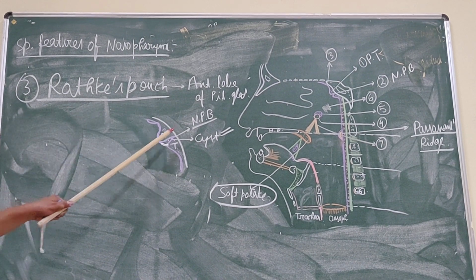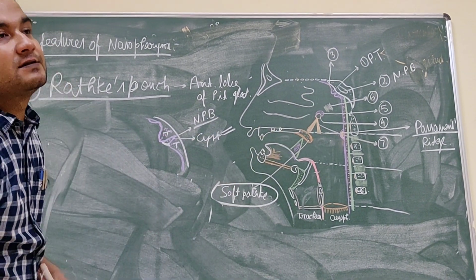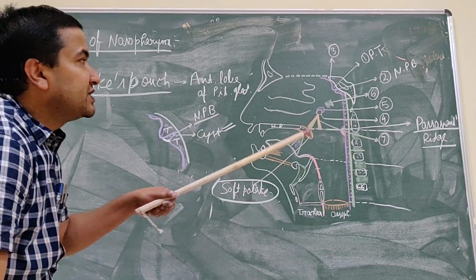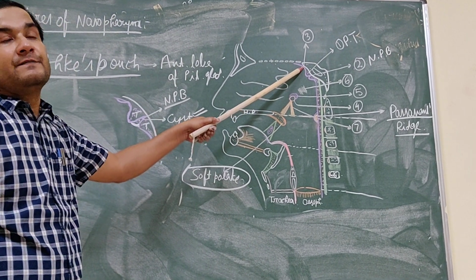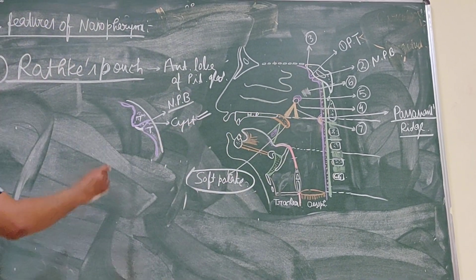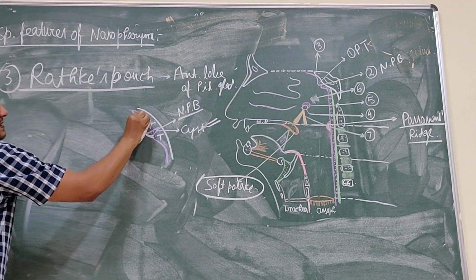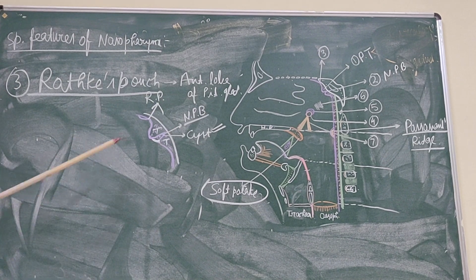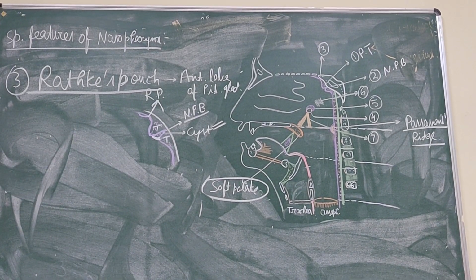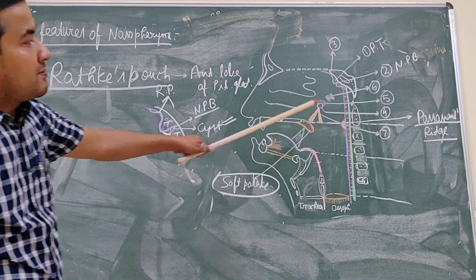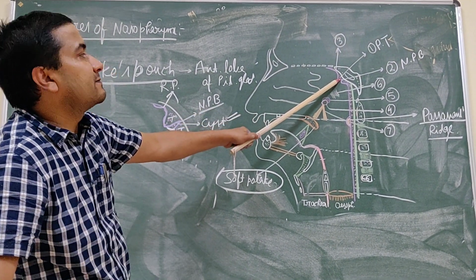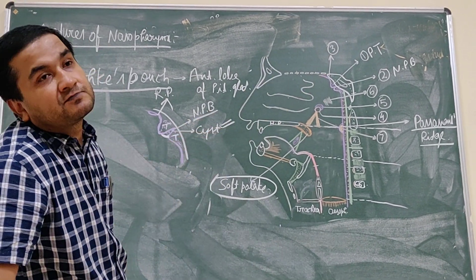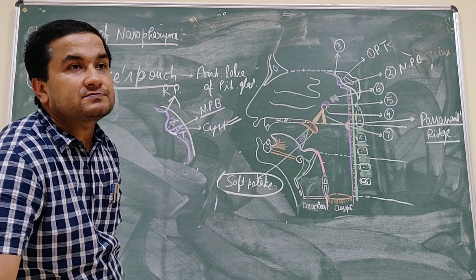There is a small dimple present in the mucous membrane of the nasopharynx, situated above the pharyngeal tonsils. This dimple represents the position of the Rathke's pouch.